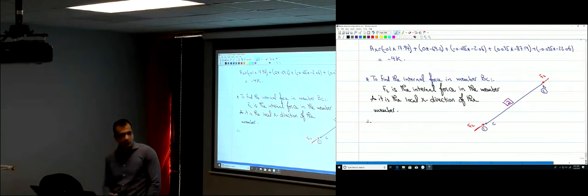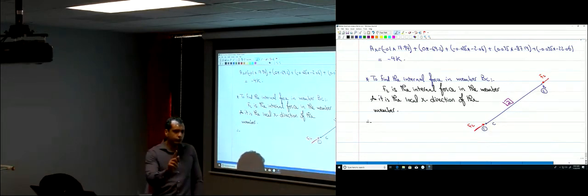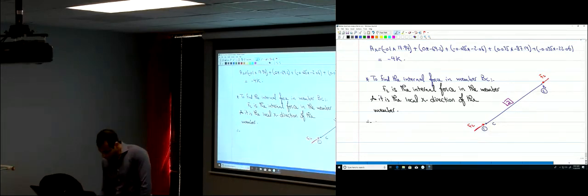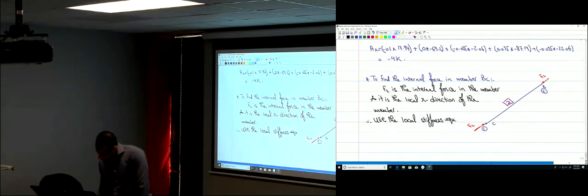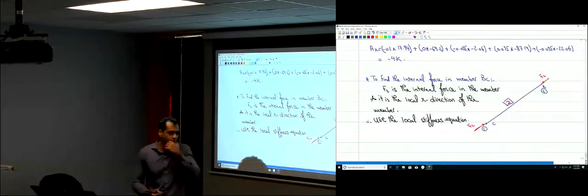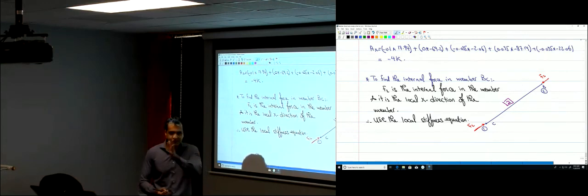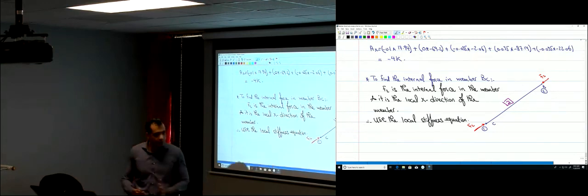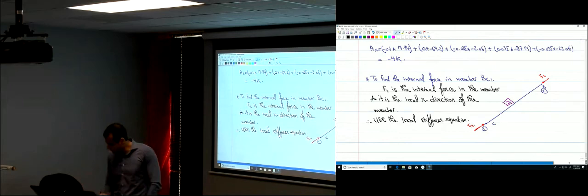Therefore, once I ask you to find an internal force in the member, you have to revert back to the local stiffness equation. What does any stiffness equation look like? P equals Ku. Okay? That's the stiffness equation, but now I have it in the local direction.